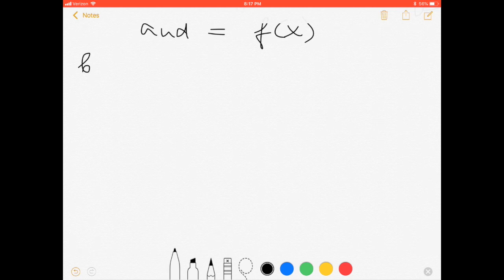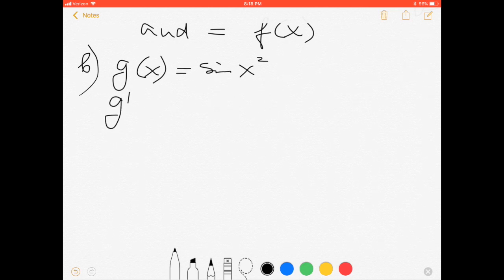Doing example B, we have g(x) equals sine of x squared. We can try to find the derivative.